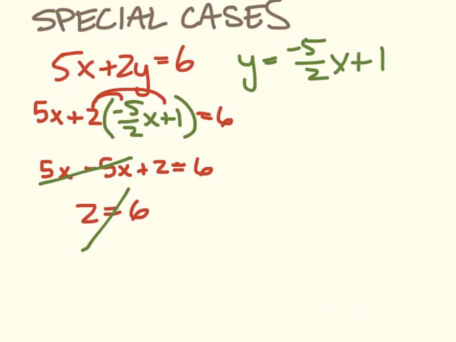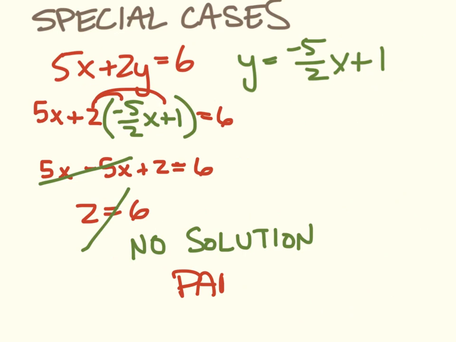So if you end up at a point like this, these have no solution. And if you end up with no solution, we have to think back to, okay, what's actually happening with these lines? With systems of equations, when do you get no solution? Oh, these must be parallel lines.